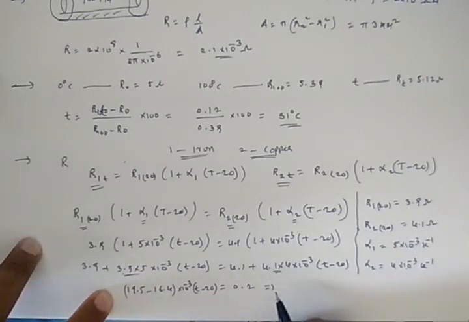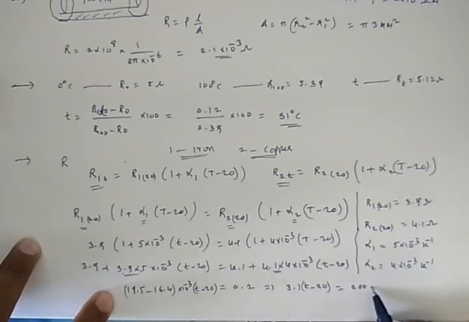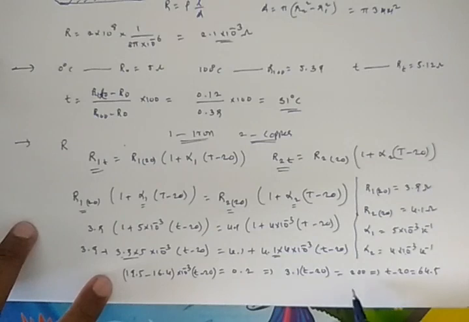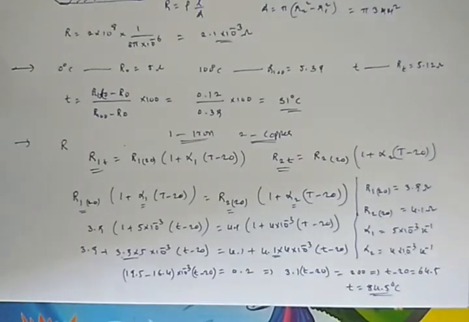So that implies this value is 3.1 into T minus 20, that equals, once you move this one here, 200. That implies T minus 20 equals 64.5. Then T equals 84.5 degrees centigrade. So this is the answer.